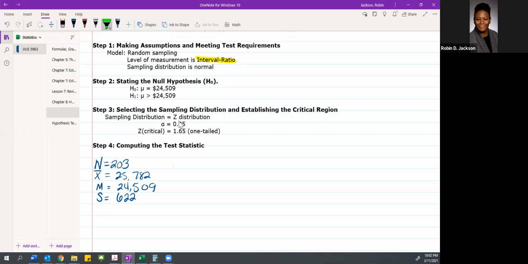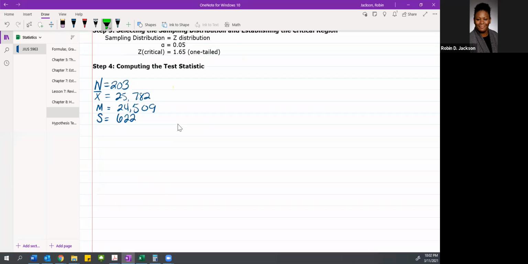All right, so let's go ahead and start working on computing the test statistic. Now, remember I said we don't have the population standard deviation, so we have to calculate the Z obtained using the formula that goes along with when you don't have the population standard deviation.